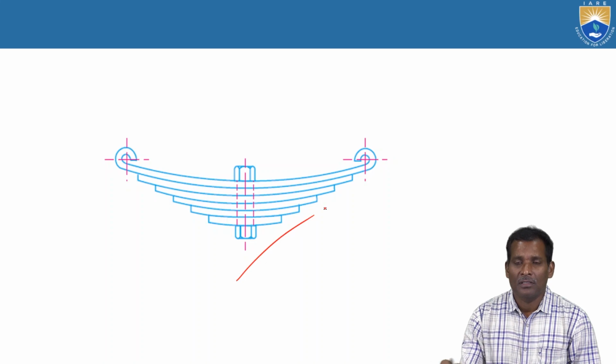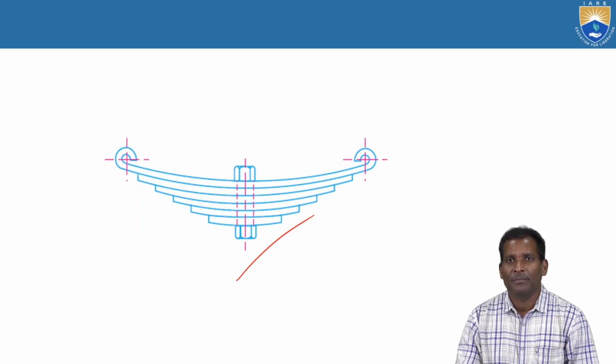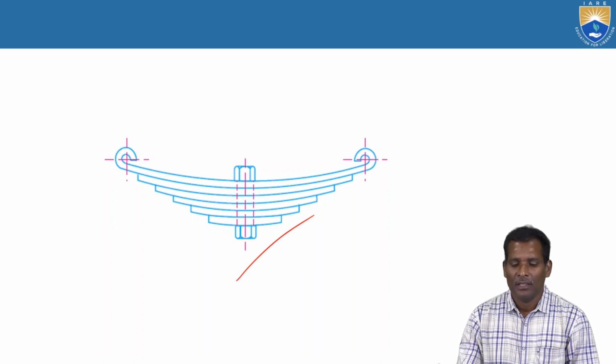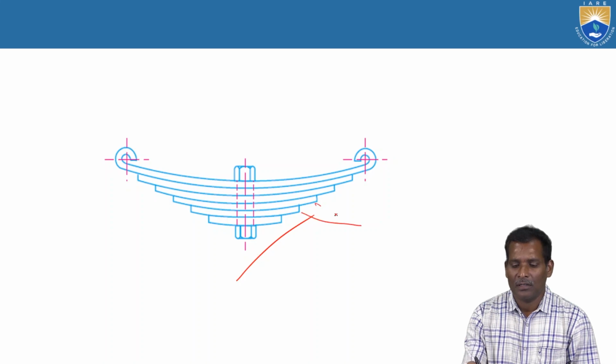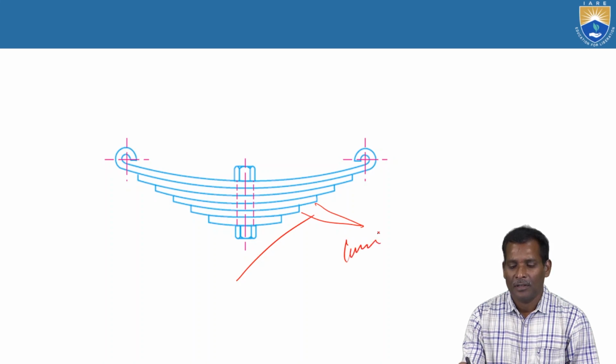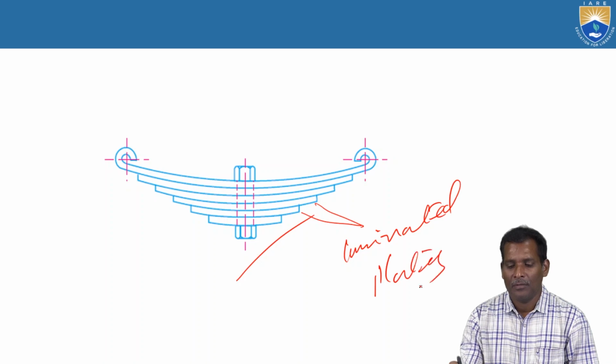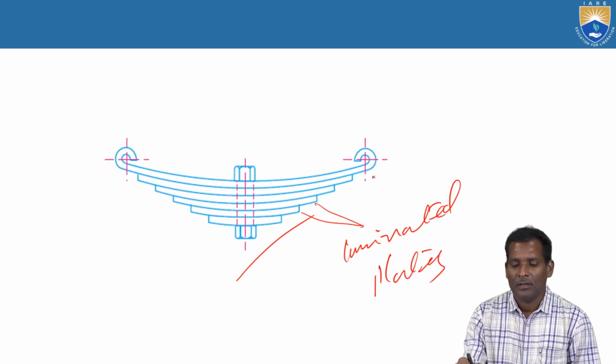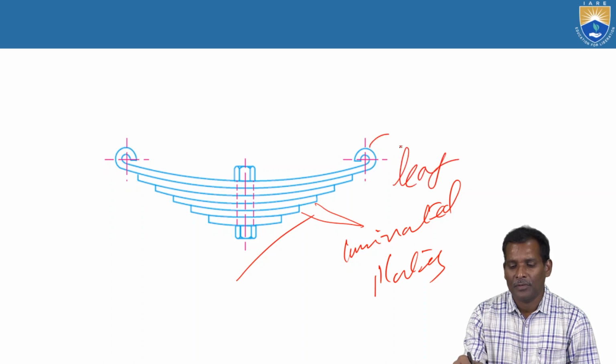See, this is the laminated spring shown in this figure. These are called leaves or plates, flat plates, laminated plates. This one is called the master leaf.